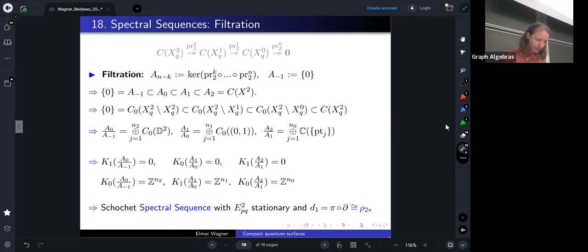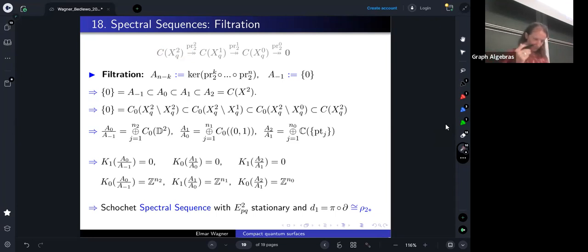You start with one, there's a kernel. And you see already the last one is always very nice. The kernel is obtained by taking out the last x, the n-1 skeleton. If you take it out, you're left with the open disks. These are very nice spaces, and their K-theory is known. The other algebras are not so nice.